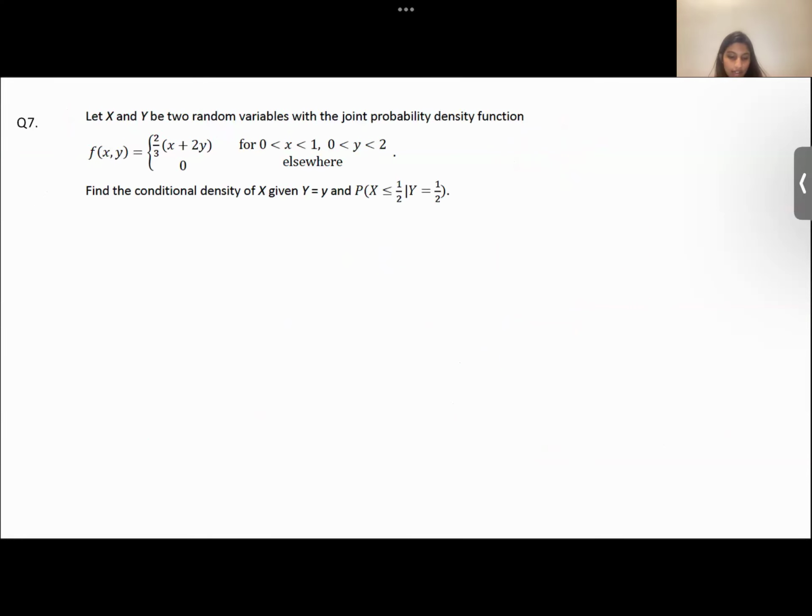Now next we calculate the conditional density. Conditional density of x given y. So you have to calculate f of x given y.